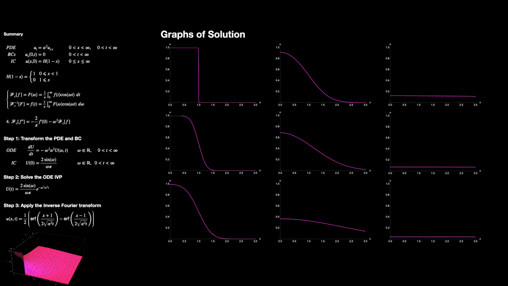All right, we're almost there. So now we're going to talk about the graphs of the solution for various times t. From the top left corner, we have the Heaviside function at t equals 0. Then, as we predicted in our interpretation, there's a kind of melt-off where the heat flows out at the edge of that initial condition, the shrinking interval, and starts flowing towards the higher x values.